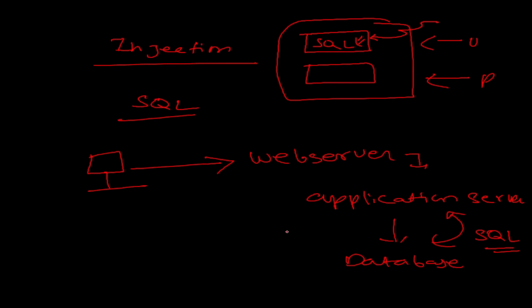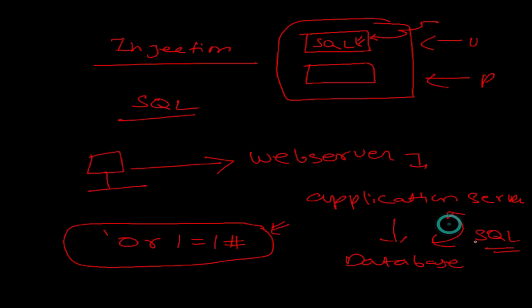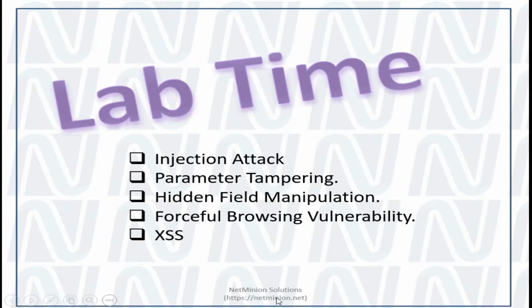A very common SQL script is this one. By logging in with this, we can see that we are able to log in to our website, and we can check multiple things which should not be accessible.